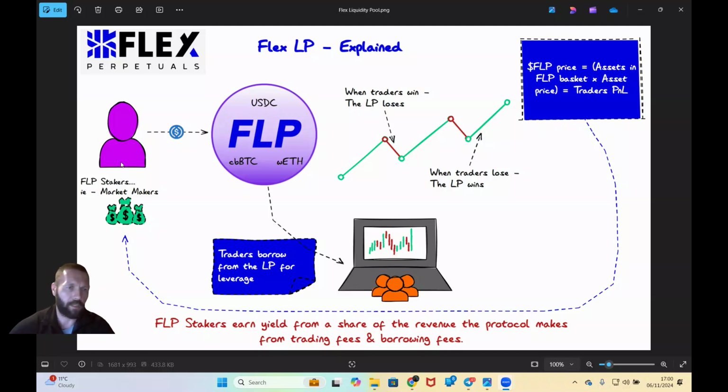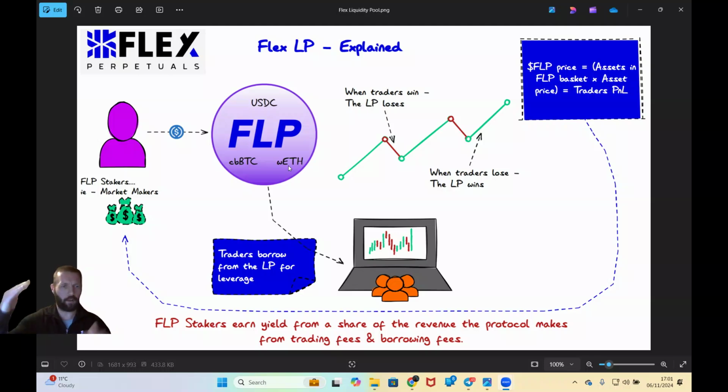When you deposit USDC and change that into FLP, you're essentially holding USDC, cbBTC, and wrapped ETH. The percentages are 55% USDC, 25% BTC, and 20% ETH. So by holding the token itself, you've got exposure to these three assets.